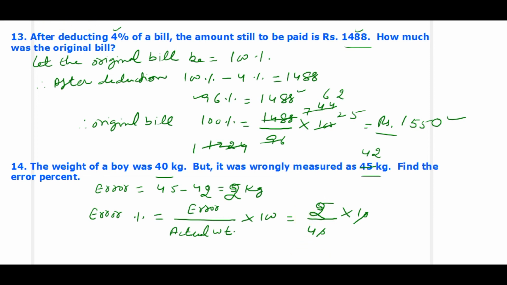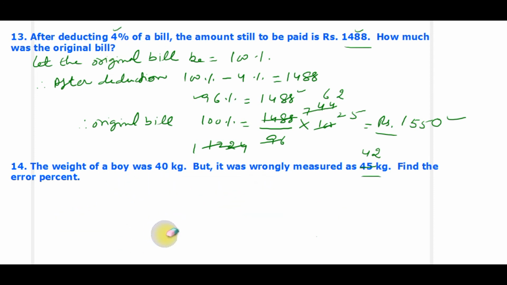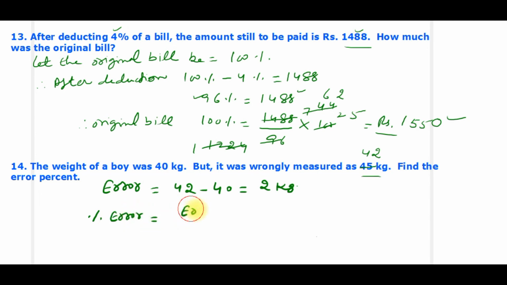Sorry, we will do it again so that you do not get confused. So we will find the error. Error would be 42 minus 40, 2 kg. Therefore percent error would be error upon actual weight multiplied by 100.